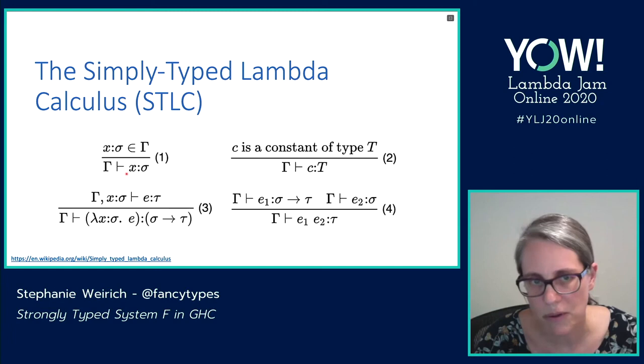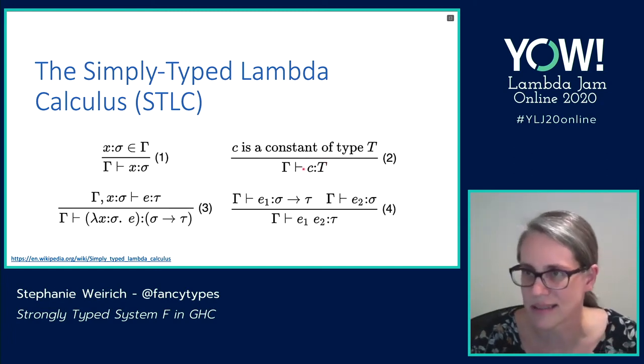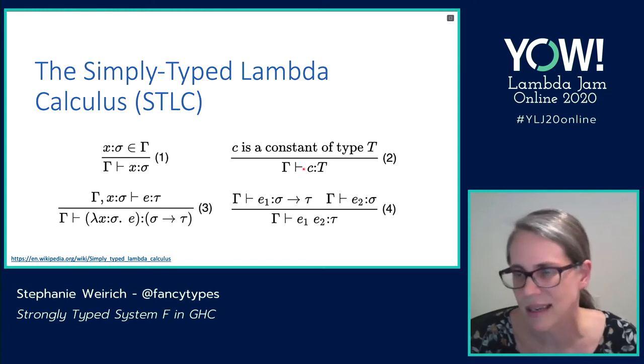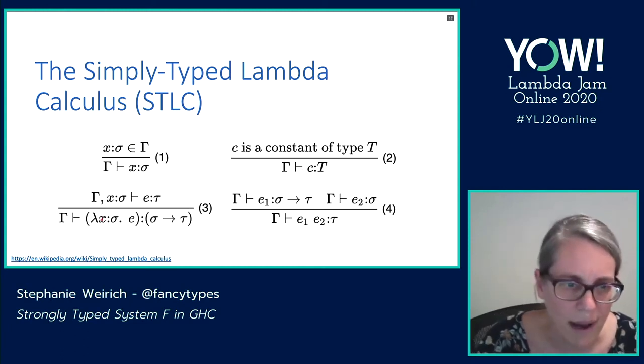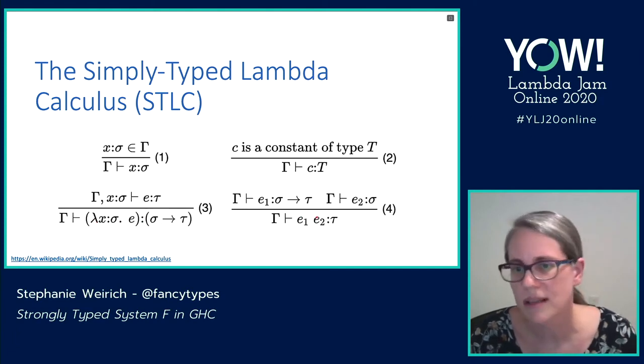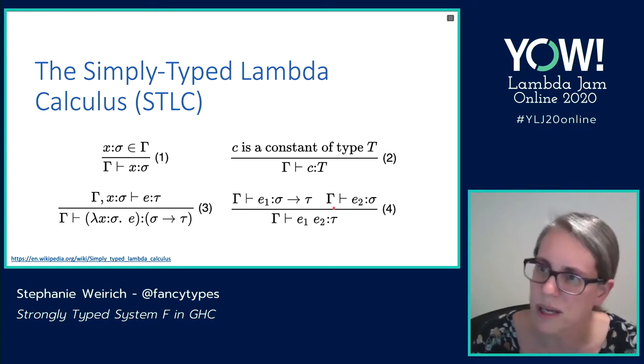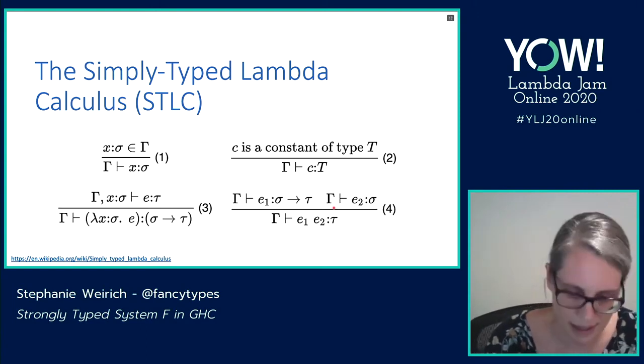We have variables, we have some kind of constants. It doesn't really matter what kind of constants. In my example, we'll have constant integers. We'll have functions with function types, and then we have applications where we can apply functions. So this is the language that we want to implement, that we want to represent in Haskell.